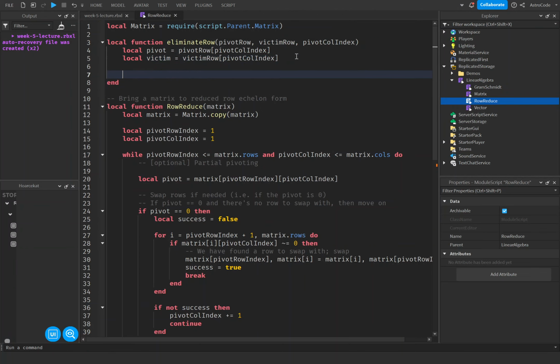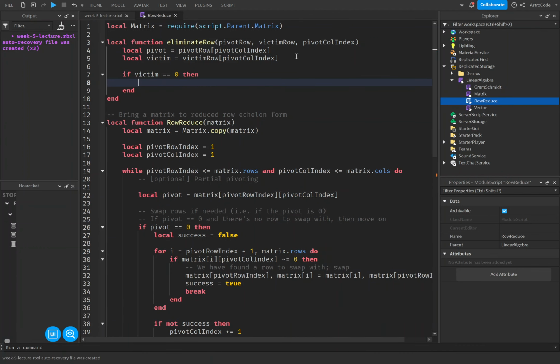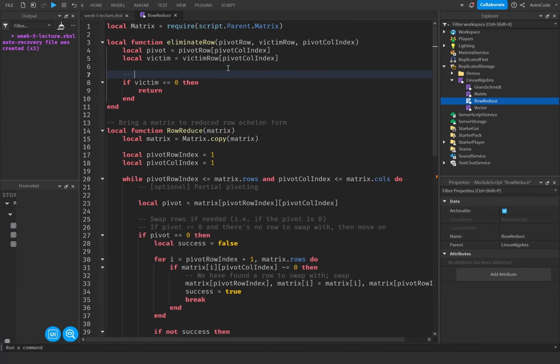This is the number that we want to eliminate. But if the victim is already 0, then there's nothing to eliminate, and so we'll just return. So here's an early exit where there's nothing to eliminate.